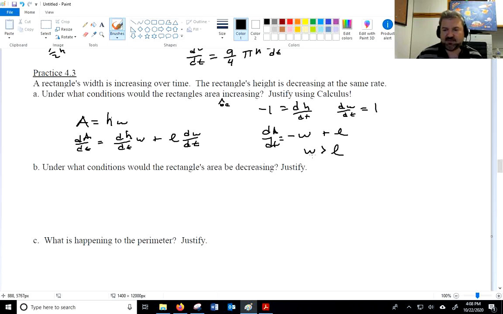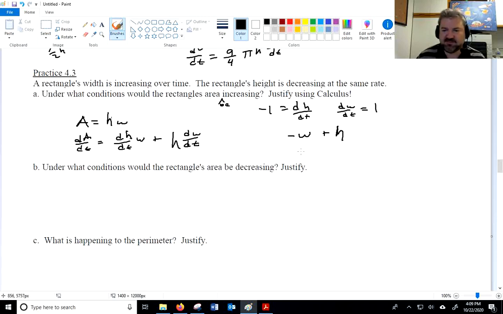So while the width is bigger than the, here I'm doing length again, this is height. Height. All right. So -w plus h.